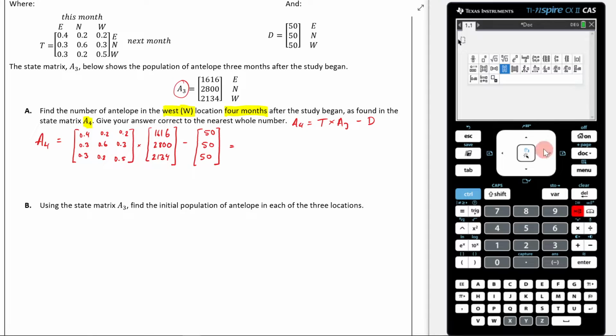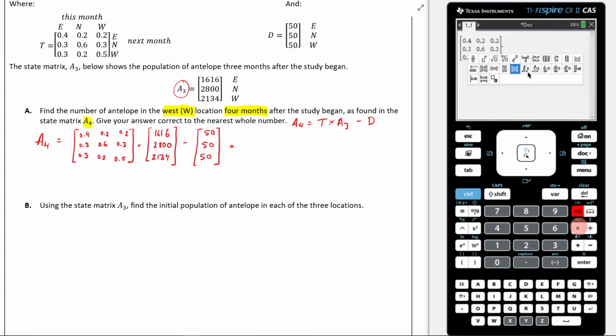So we're going to come over here, we've got a 3x3 matrix here, and now we're going to type it in. So we're going to go 0.4, 0.2, 0.2, 0.3, this is 0.3, this is 0.6, this is 0.3, this is 0.2, this is 0.5.